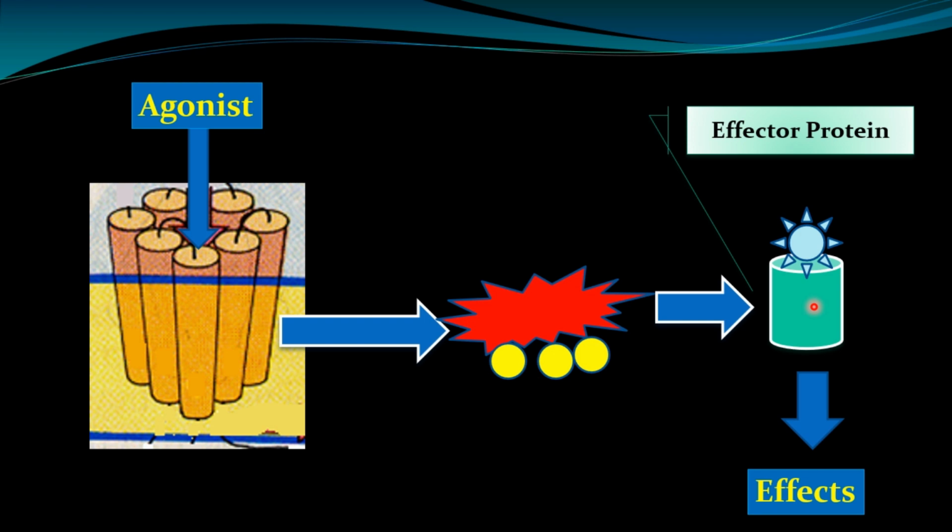And this cyclic AMP actually regulates the phosphorylation of proteins. The third type of G protein is Gq, which activates phospholipase C. And this phospholipase C finally activates IP3, inositol triphosphate, and diacylglycerol, DAG.